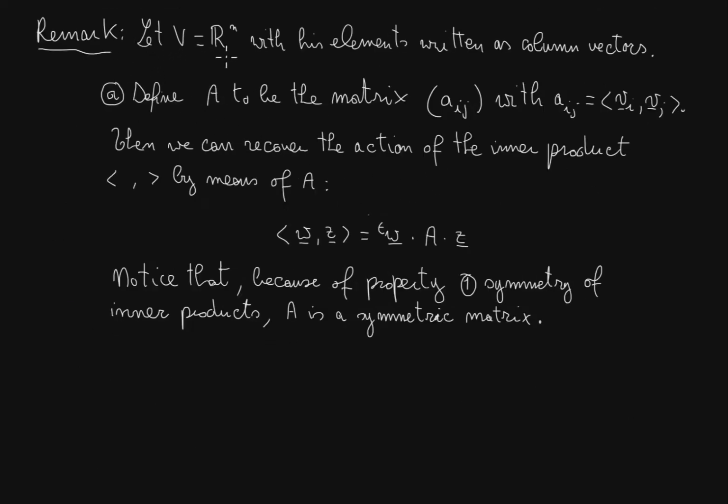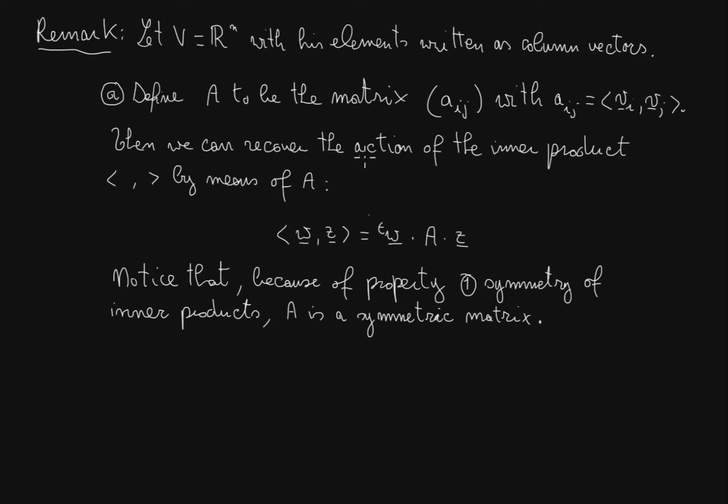Remark: let V equal R^n, and let's write its elements as column vectors. Define A to be the matrix A_ij, with A_ij the scalar given by the inner product of v_i times v_j.